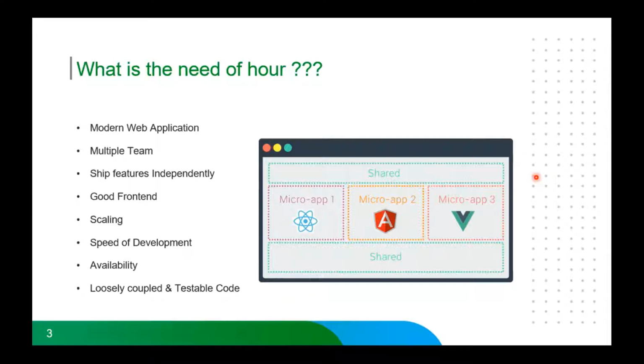It should be a modern web application which has the latest features, maybe accessing a location or playing a video. We also want multiple teams to work at a given point of time, things to be smooth for them, and to be able to ship features independently.